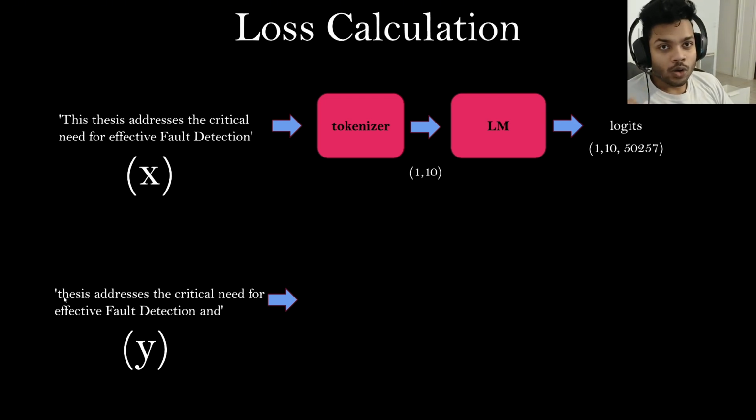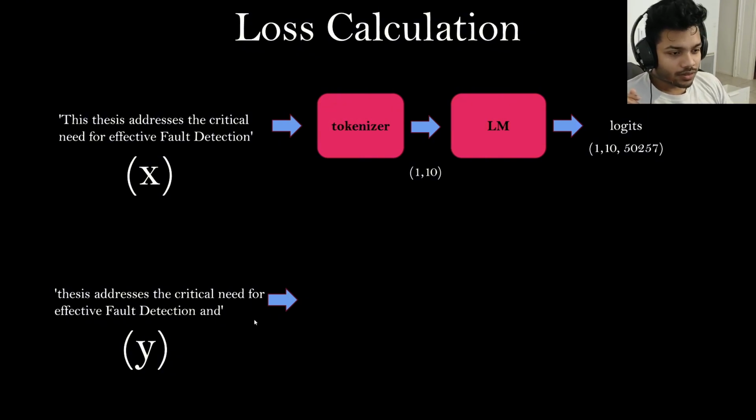Then my target will be just shifted one word towards the right. For example, this is my input: this thesis addresses the critical need for effective fault detection. In the target, the first word will be removed, and a new word added at the end. So it will be thesis addresses the critical need for effective fault detection, and the new word is the word I basically want to predict.